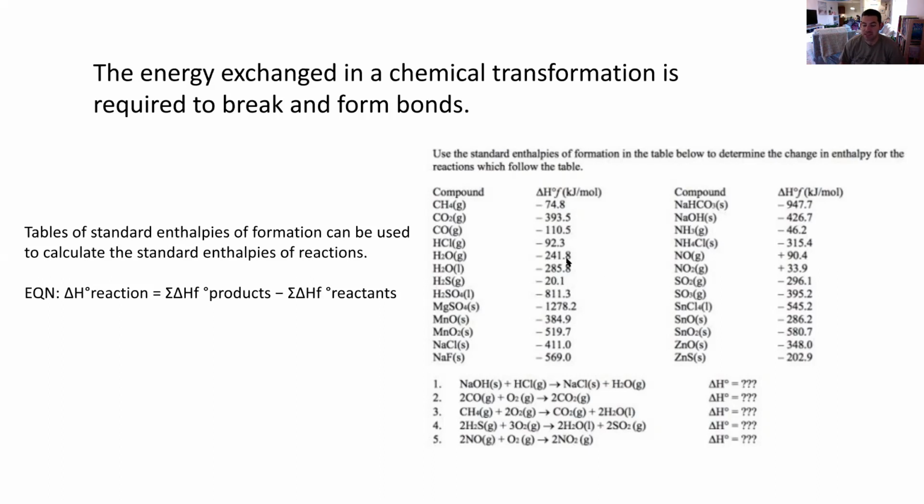That's where you're gonna make a simple mistake with the math, just adding a number when you should have been subtracting it or vice versa. The sodium hydroxide, negative 426, the HCl, negative 92, and I'm predicting that this is gonna be an exothermic reaction. Your products are gonna have a larger negative number than what you get from your reactants.